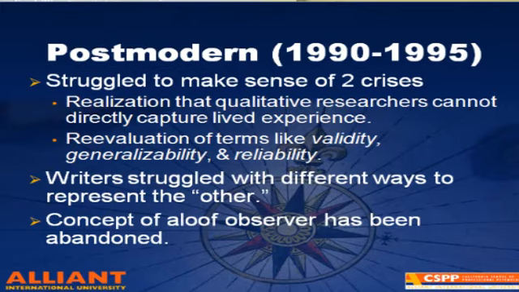Does that make sense? We want to try to minimize the power differential between us and the participants. And that is something in qualitative research that is very different from quantitative research, that you're really trying to overtly minimize the power differential.